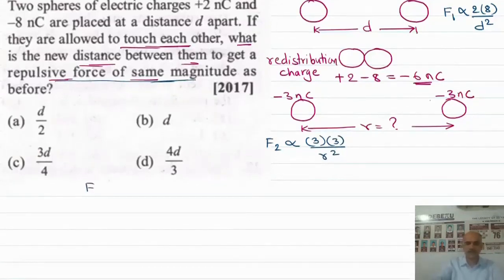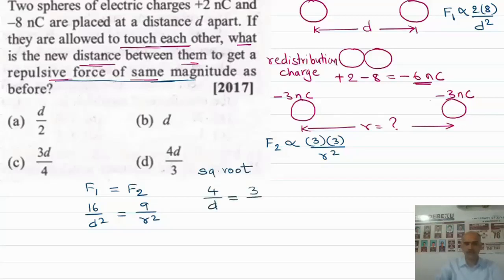So if I take F1 is equal to F2, substituting, 16 by d square is equal to F2, which is 3 into 3, 9 by r square. All are perfect squares, so I take the square root. Taking the square root, 4 by d is equal to 3 by r.